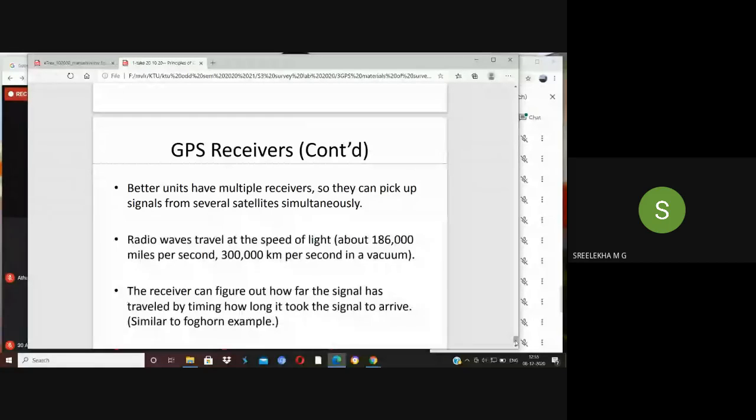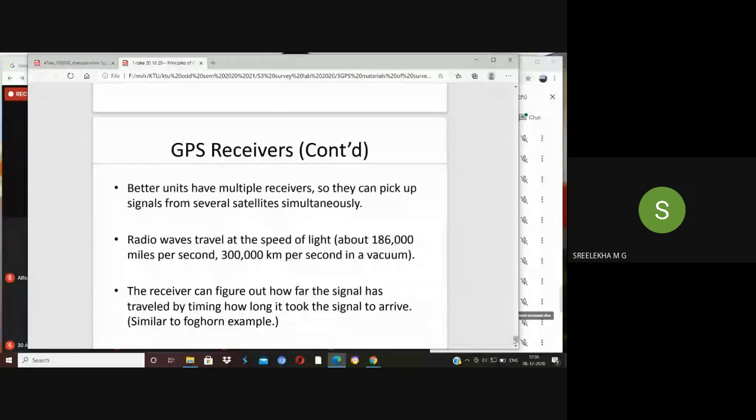These radio waves travel at the same speed as light. And what is the speed of light? It is around 186,000 miles per second, or in kilometers, 3 lakh kilometers per second.